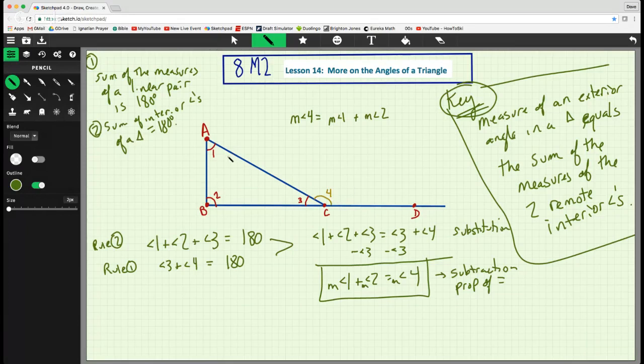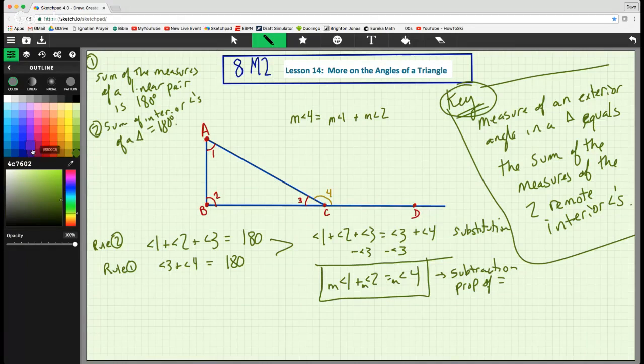So we've proved it. Let's put some numbers in here because we have it so neatly set up. Let's say that this angle measures 60, and this measures 90. Well, we know then that the measure of angle 4 must equal the measure of angle 1 plus the measure of angle 2.